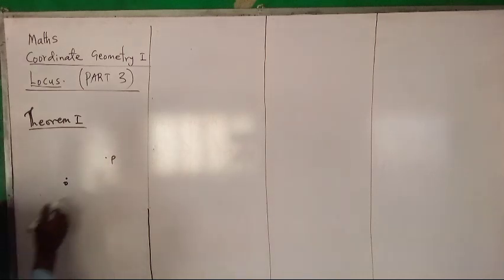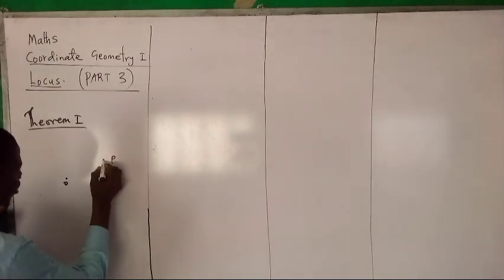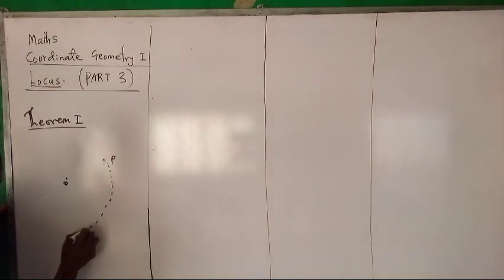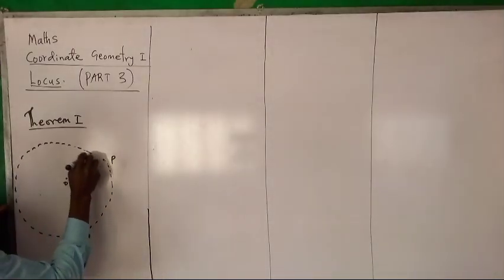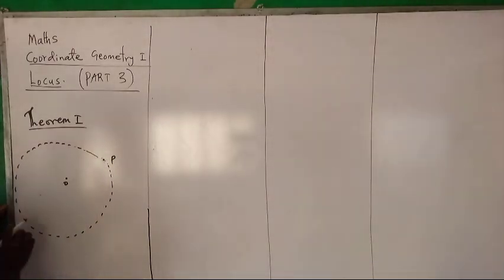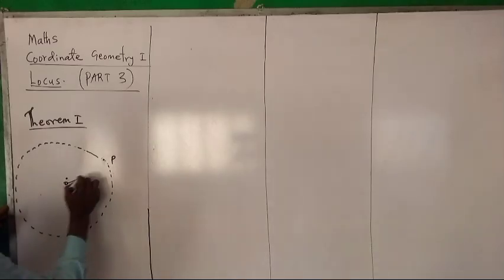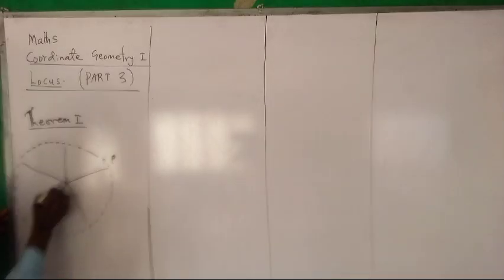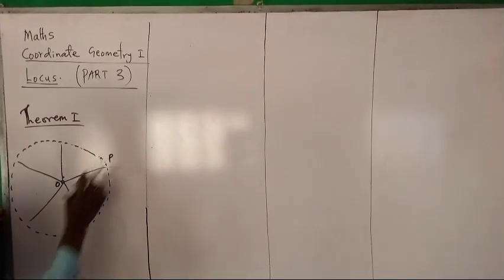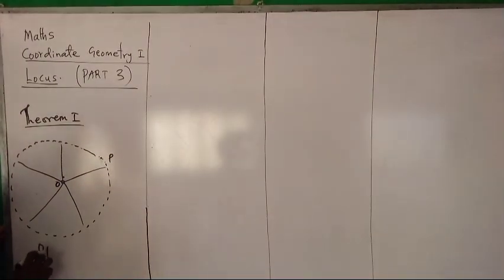Call it P. This locus of points begins to move. What are we saying? We are saying that the distance here is maintained, is constant, is the same. And if here is O, and here is P, it also means that OP is equal to the radius of the circle formed.